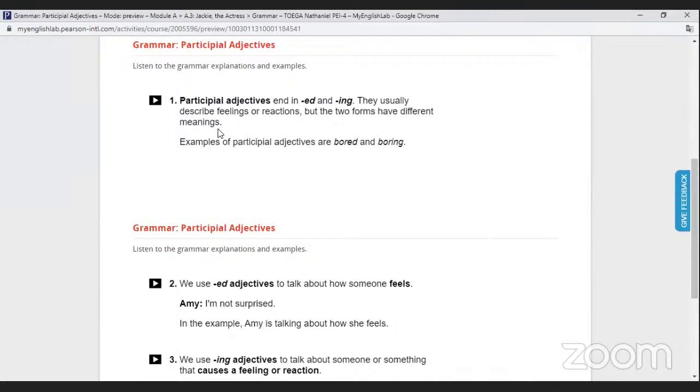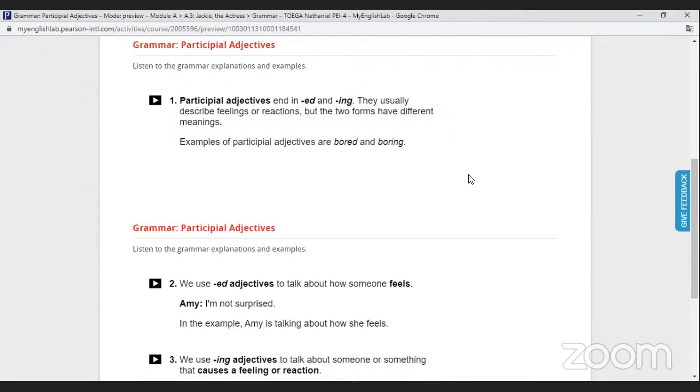Number one, we have these participle adjectives ended in ed and ing. They usually describe feelings or reactions, but the two forms have different meanings. So in this case, examples of participle adjectives are bored and boring. Do you notice what's the difference when you, for example, write the adjective with ed and with ing?